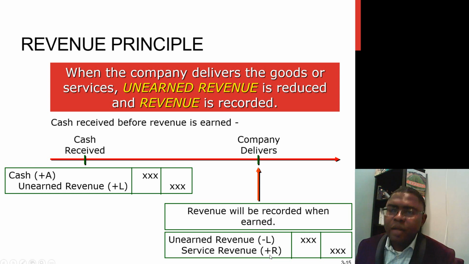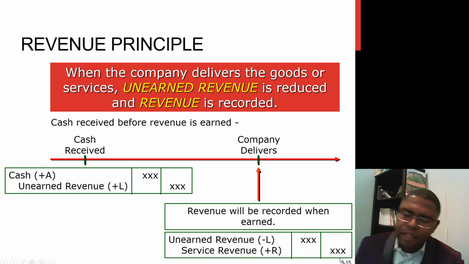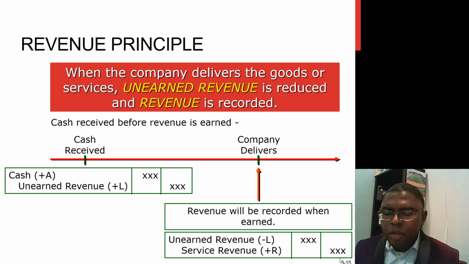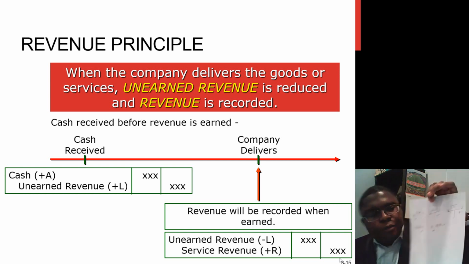We are going to recognize service revenue. When revenue is increasing, it takes a credit balance. So first we start with the debit balance, and then next we record the credit balance. So this is how we are going to record this transaction. Again, it is based on the rules of journalizing.